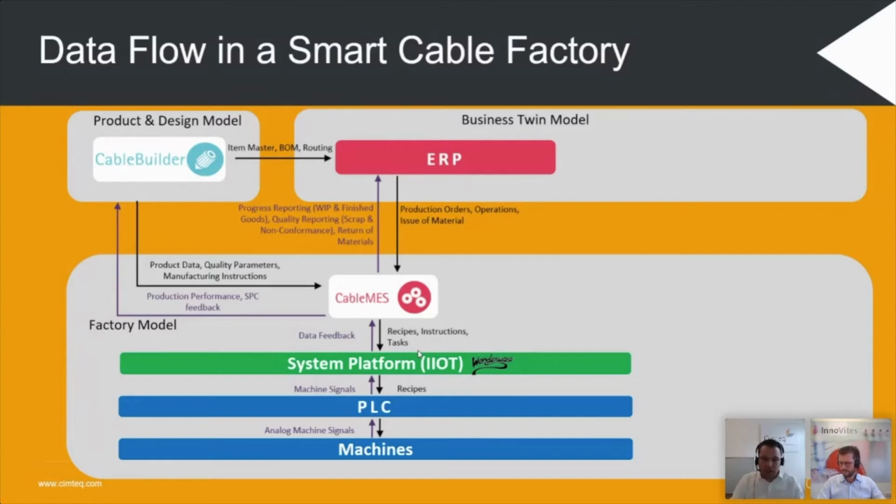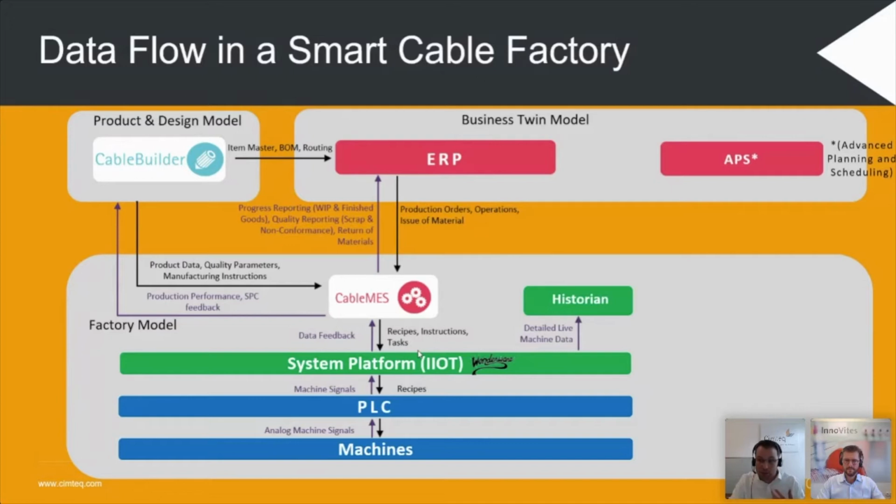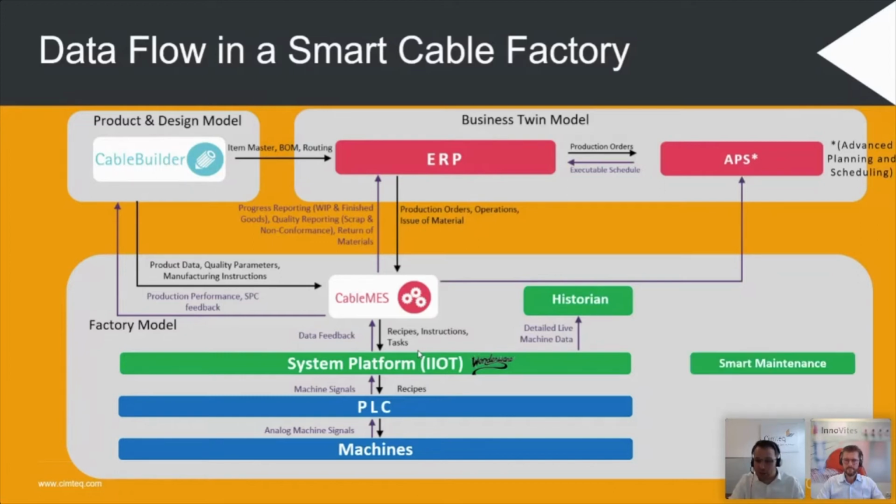And of course, digitalization doesn't stop here. You can do a lot of smart things within the factory space. If you, for example, have a historian tool, you can do a lot of AI learning to control your machines, etc. But that's not our focus today. Also, advanced planning and scheduling. Albert is going to mention that briefly. And if you have these tools, you can connect them and share the information. Same with smart maintenance that can feed back into planning.